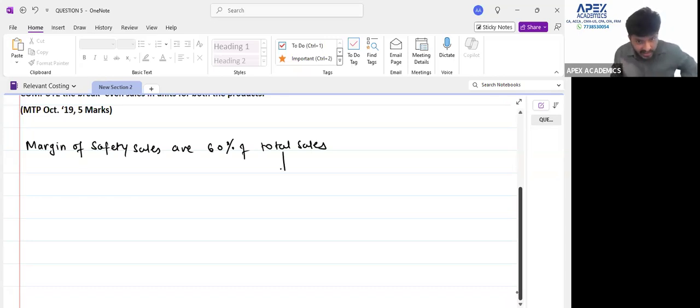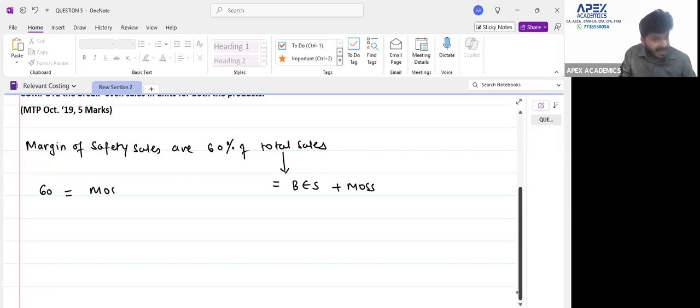Now you understand that total sales is equal to break-even sales plus margin of safety sales. Right? Now if I was to say that margin of safety sales are 60% of total sales, can I say that 60% is equal to margin of safety sales upon total sales multiplied by 100?